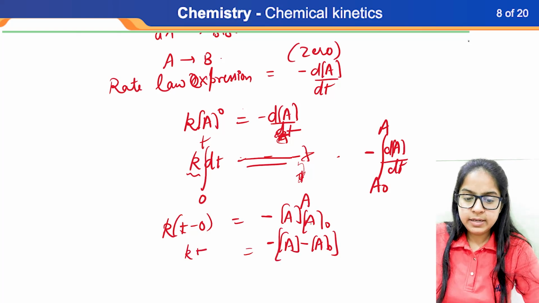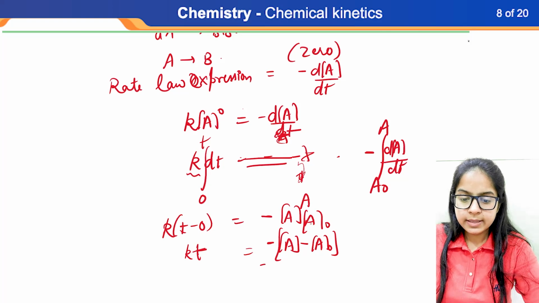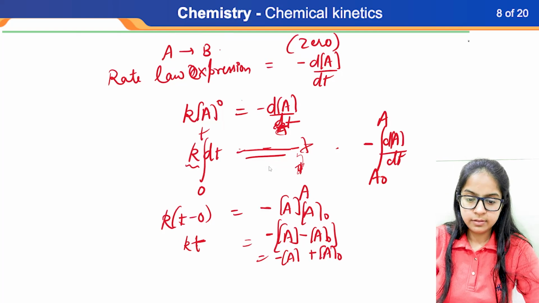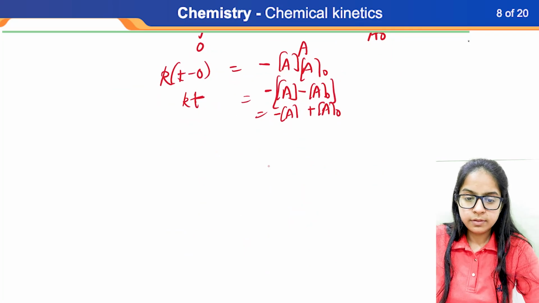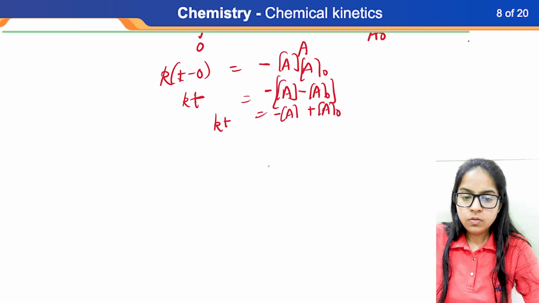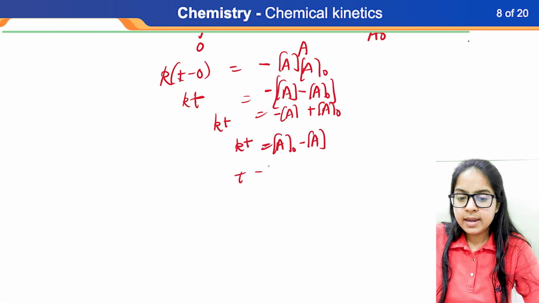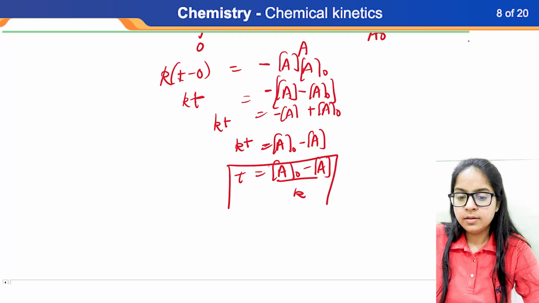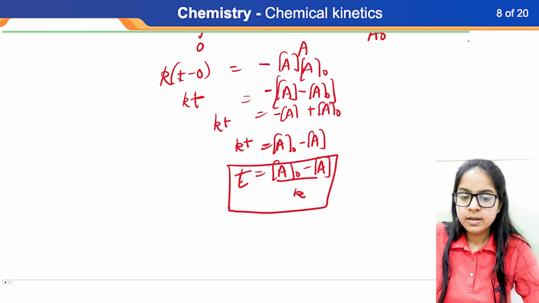Here it is kt. Now I can write minus A plus A naught is equal to k into t. Now by rearranging, A naught minus A is equal to kt and t can be calculated as A naught minus A by k. From here we can calculate t half also.